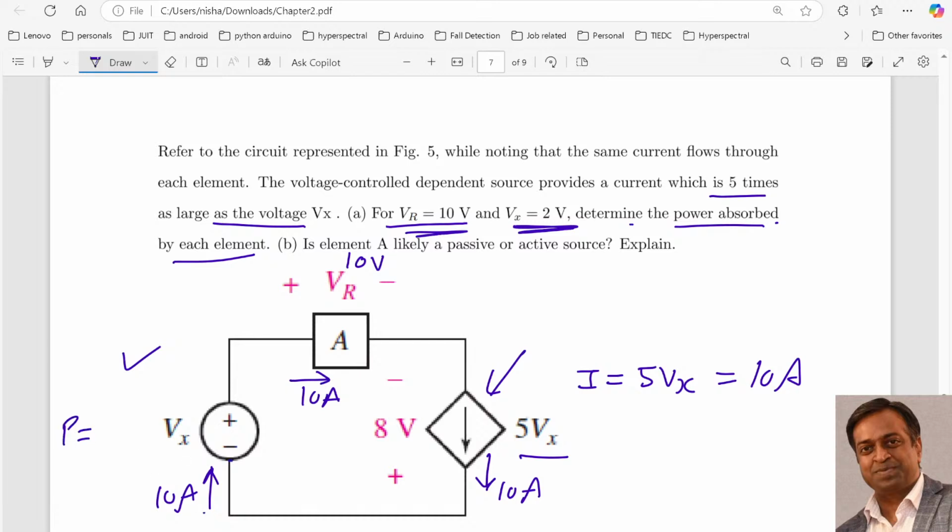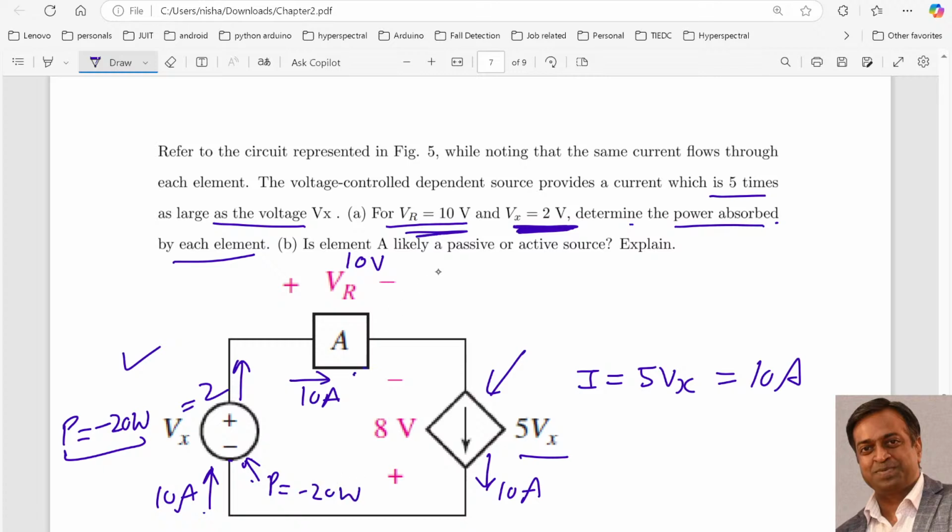Vx is given as 2, so the power will be 20 watt. Now we need to check whether it is going to absorb or supply. Since current is leaving the positive terminal, it is the supplier, because it will be an absorber if current is entering the positive terminal. So since it is leaving, we will put a minus sign. So the power absorbed is minus 20 watt.